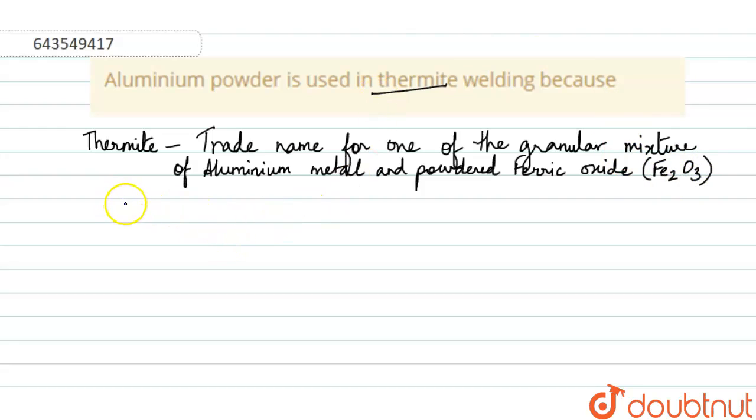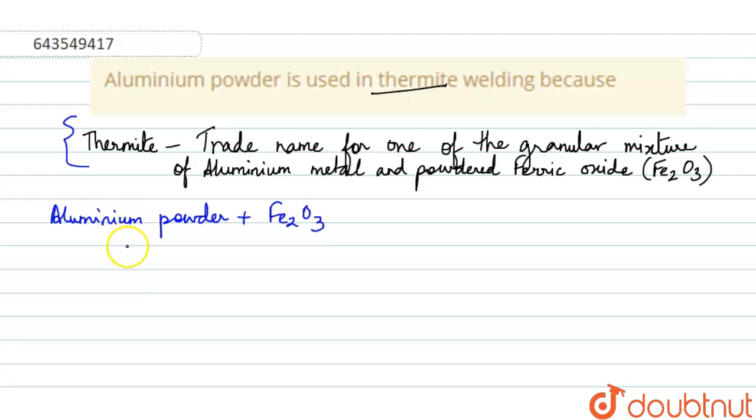Now, the second part of this is the reduction of metallic oxide with aluminium is known as this thermite process. Here, aluminium powder reacts with Fe2O3.